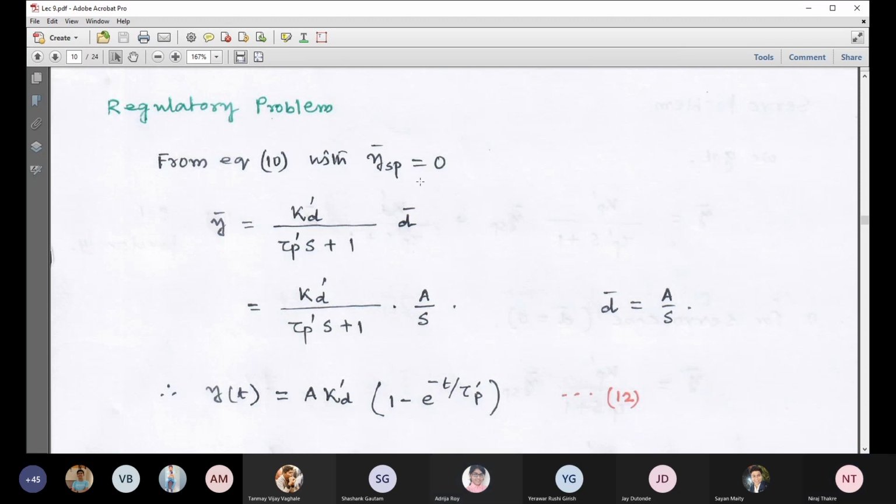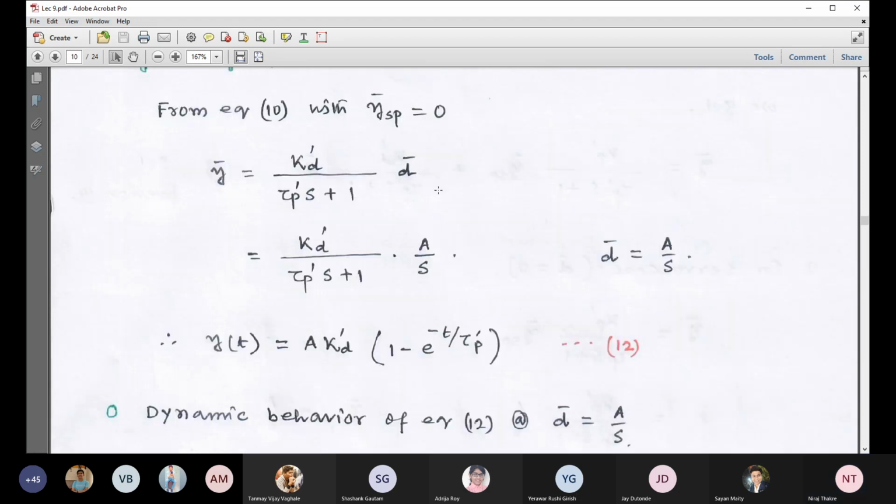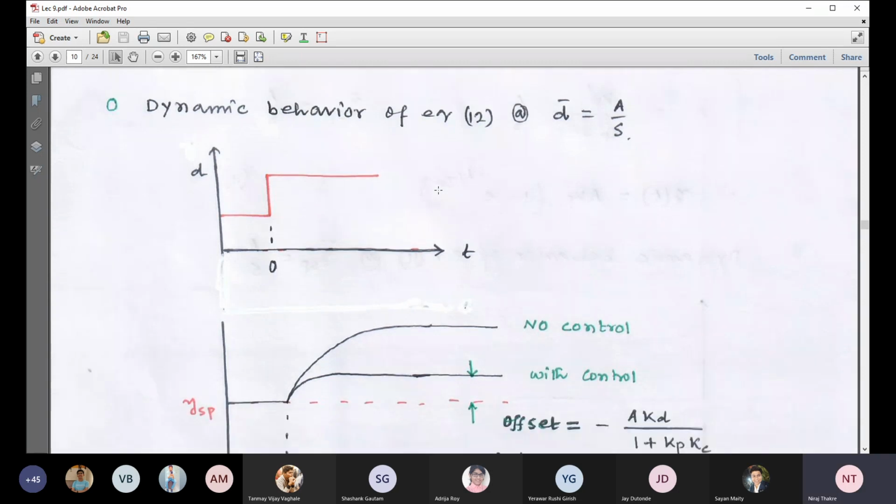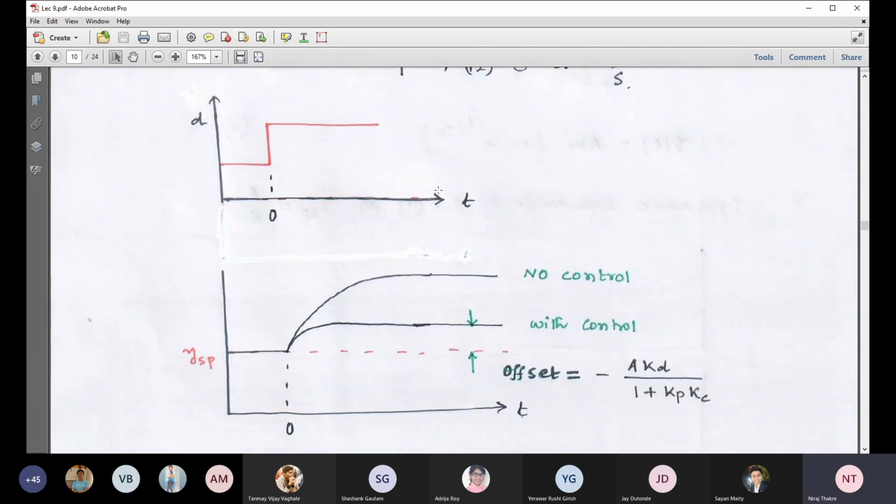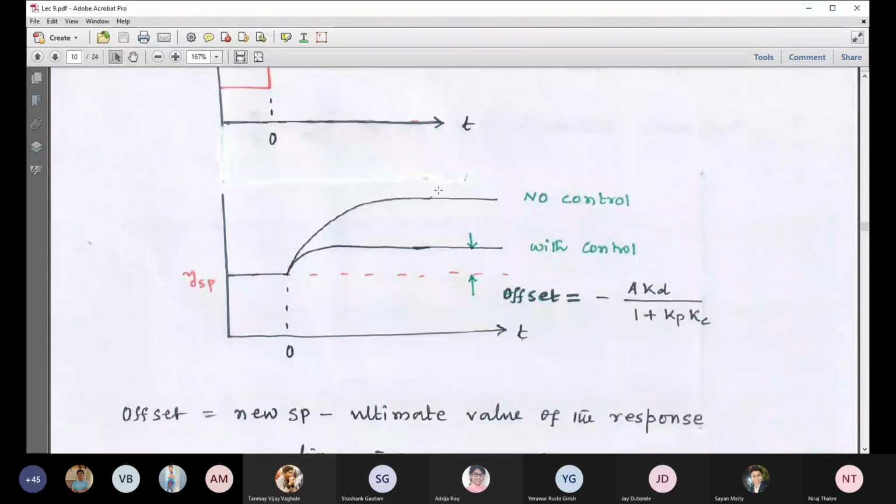So as I mentioned, it is quite expected that students usually make the mistake the first time. So you remember this. For regulatory problem, set point is 0. That's why our new set point is considered here 0. Did you draw this figure? Then I can move forward. You see, this is a value.